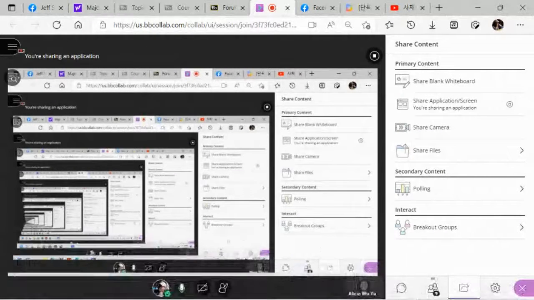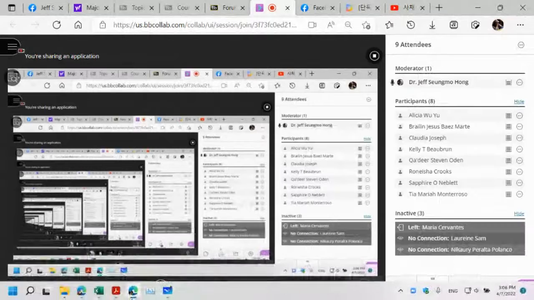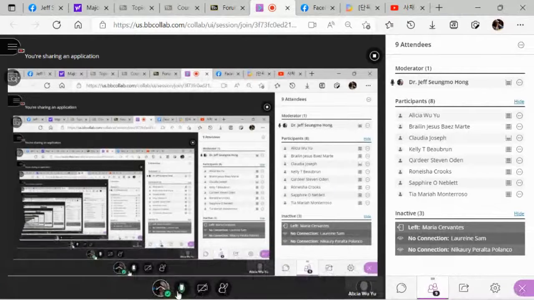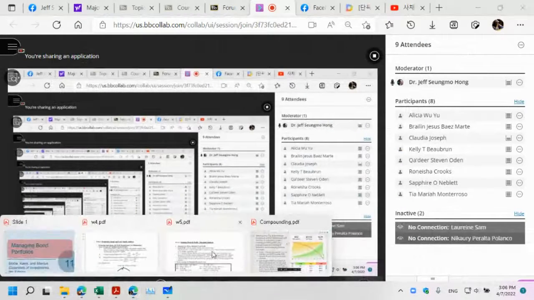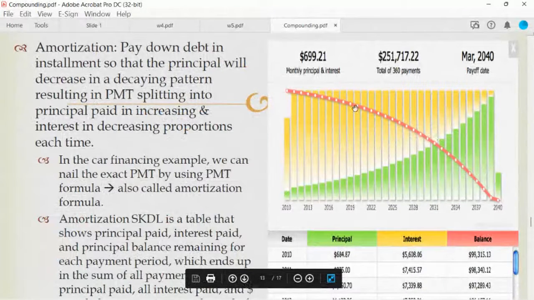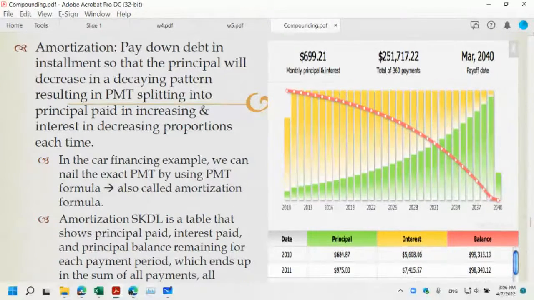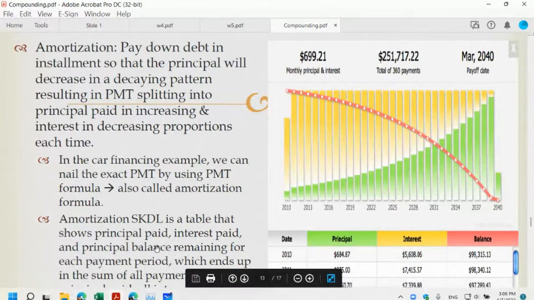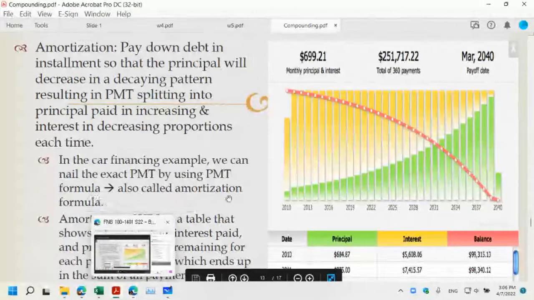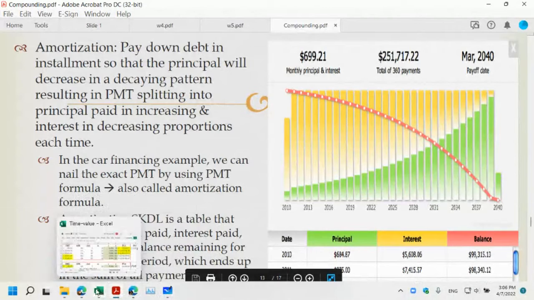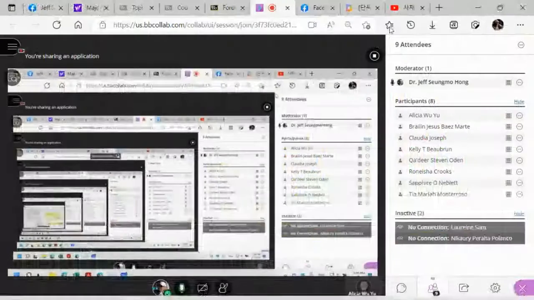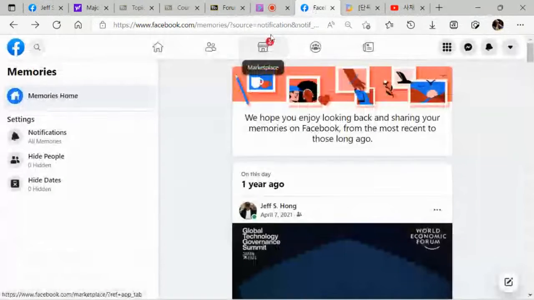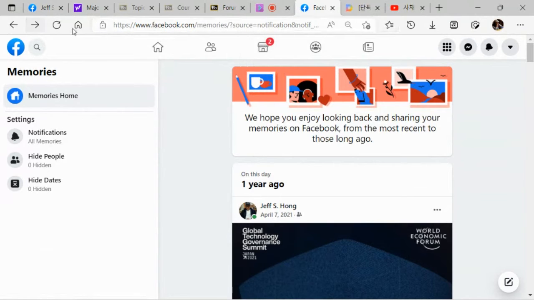All right, we're back. Let me open this file in a web browser. I believe I can do that. And in the web browser, there's a way I can draw on it. So let me open the same file. Okay, how do I open this?